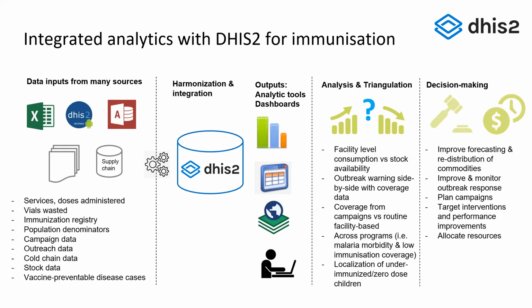So that's kind of one of the examples that has really changed the process of how the district managers, the program managers are working in comparison to before, where they did not have all these sources of data into one place in DHIS2.